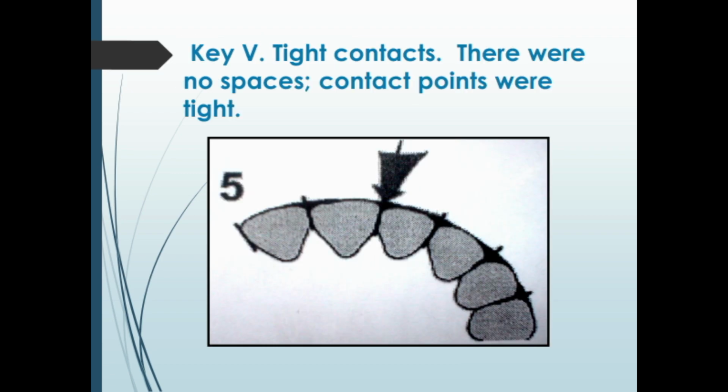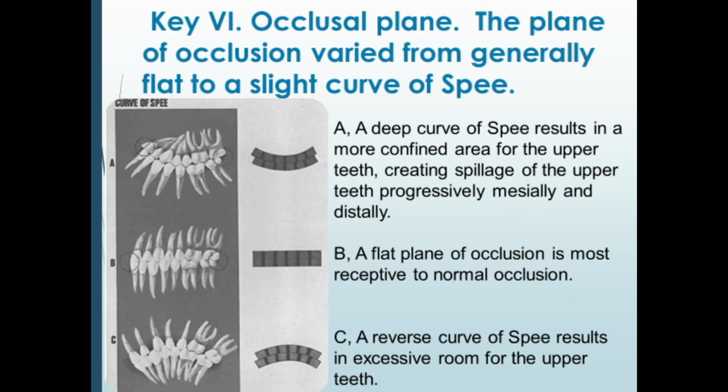Key 5, spaces: there were no spaces. Contact points were tight. Key 6, occlusal plane: the plane of occlusion varied from generally flat to a slight curve of Spee.